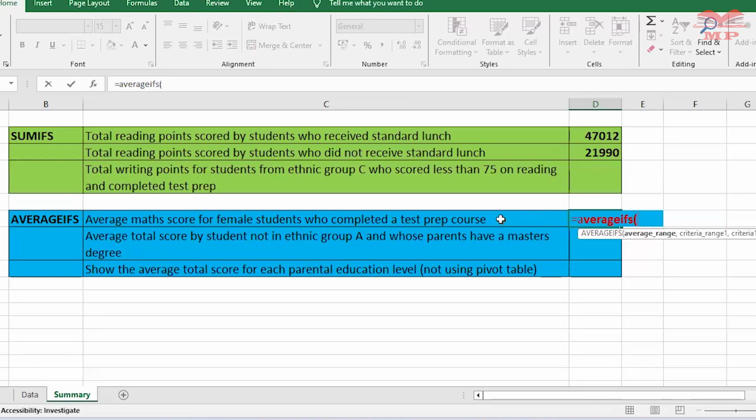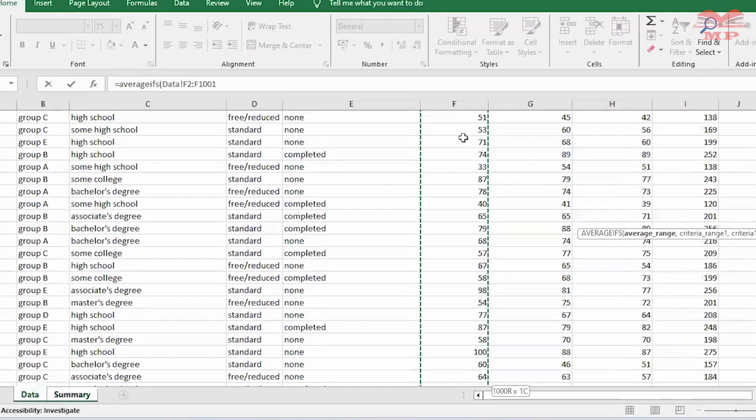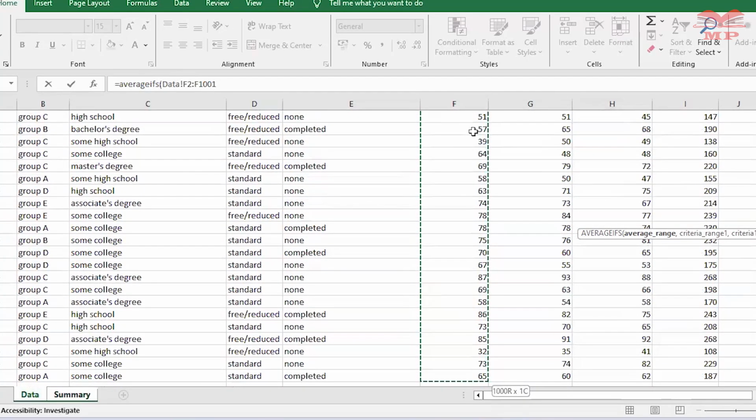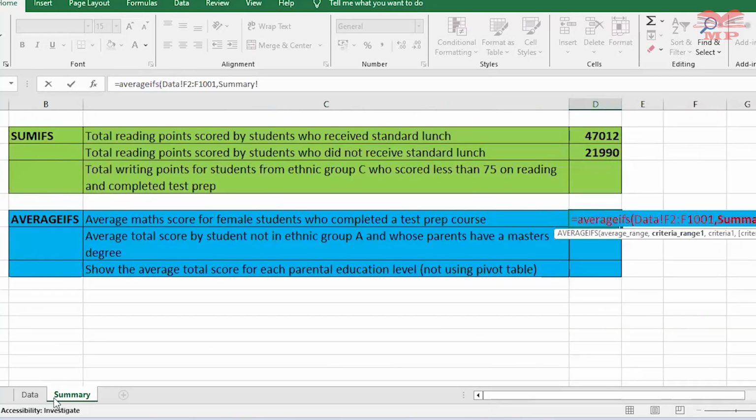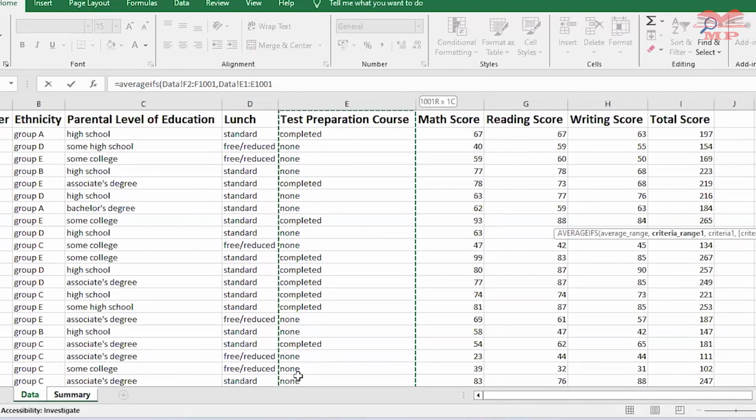So it's basically like the same one we did up there. Average math score. So the average range is the math score. Then comma, criteria range for students who completed a test prep course. So this is the criteria range. The first criteria should be those who completed.